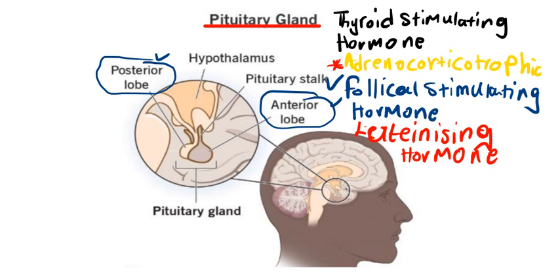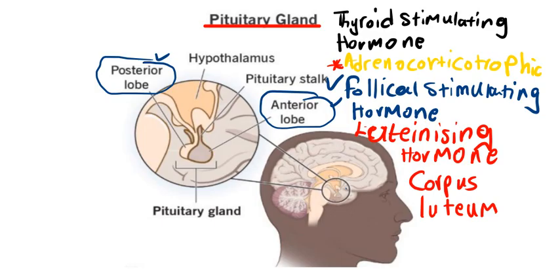Now this corpus luteum is just a temporary collection of cells that are formed on the ovary in each menstrual cycle.